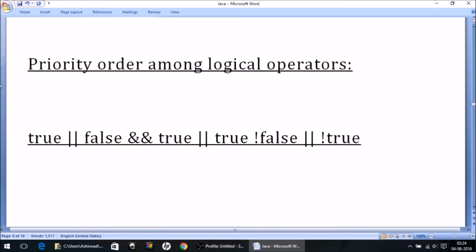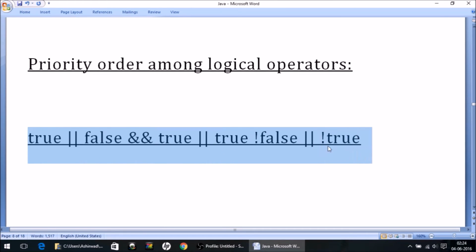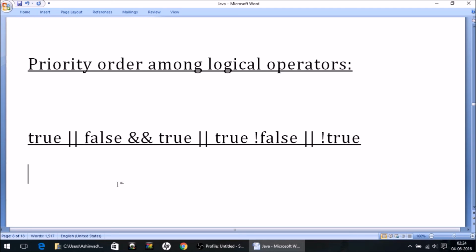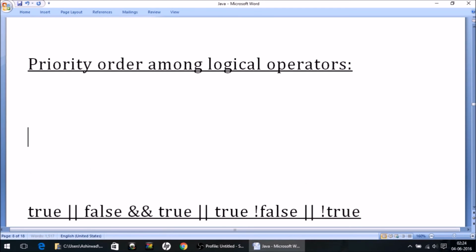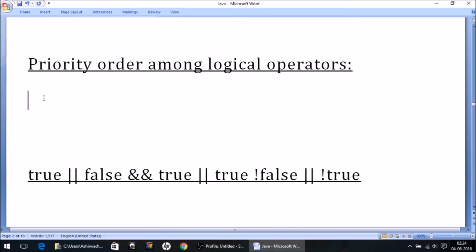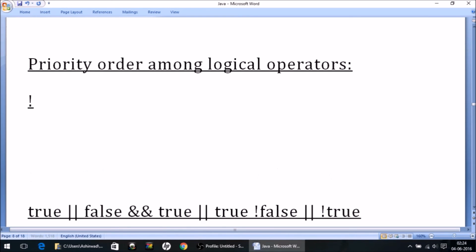Now since we do not have brackets anywhere in this statement, we have to understand which operator gets executed first. To solve it, let me first write the priority order here. The highest priority among logical operators is given to the NOT operator.